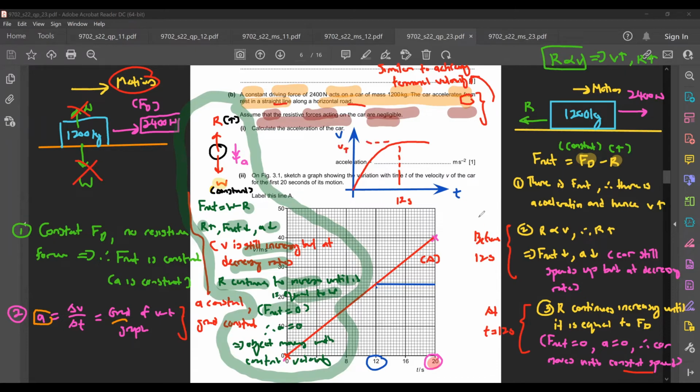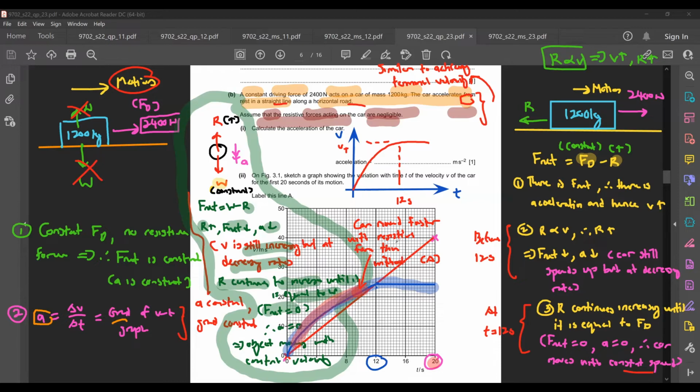Okay, if I draw it like this it seems very easy to draw, but this graph is actually wrong, especially this part here, because it is saying that my car moves faster with resistive force than without.